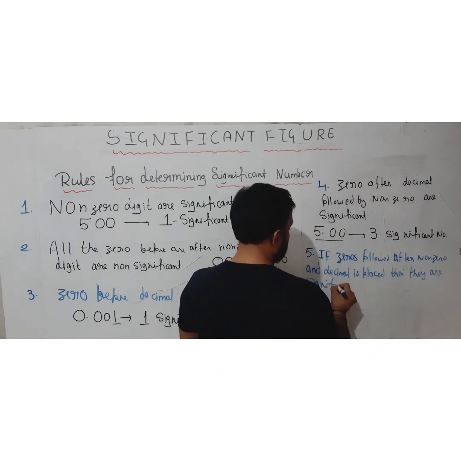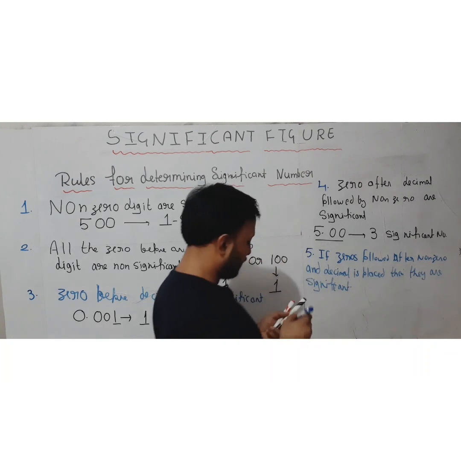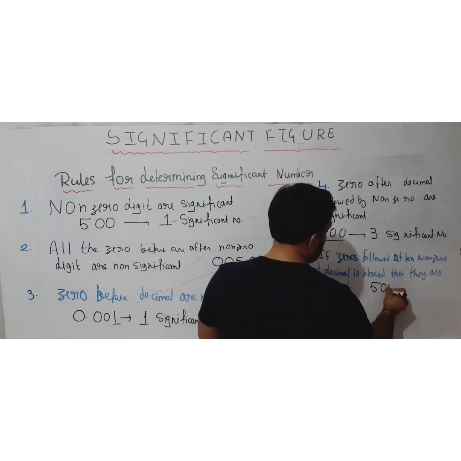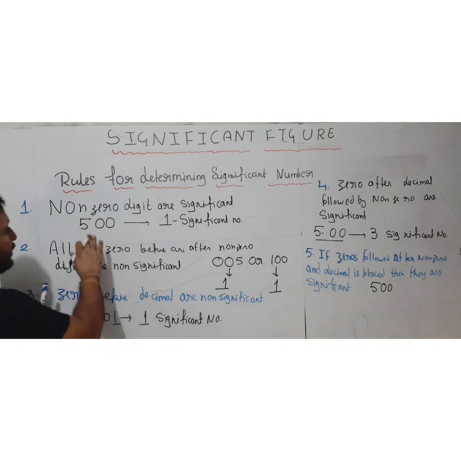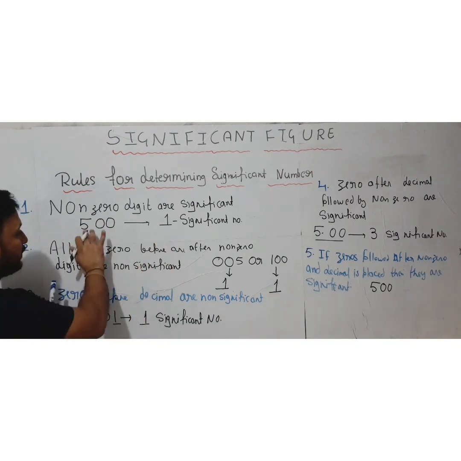Okay, then they are considered significant. Now what is the meaning of this thing? Try to understand with examples. Suppose I am writing 500. If you see the first example, there also I have written 500 and only one significant number is there, that is 5.